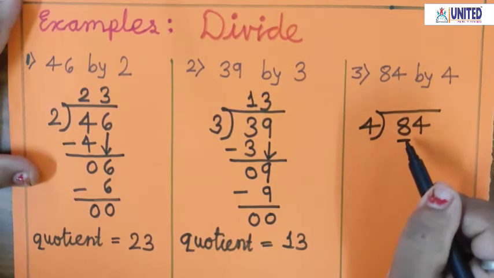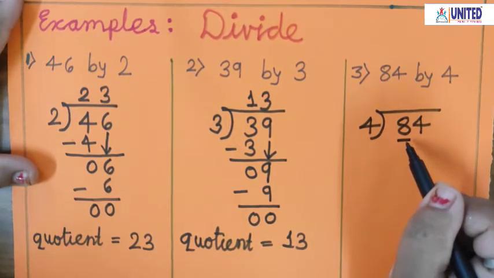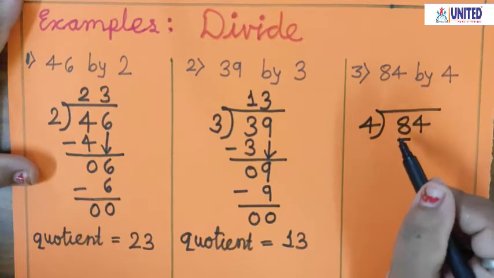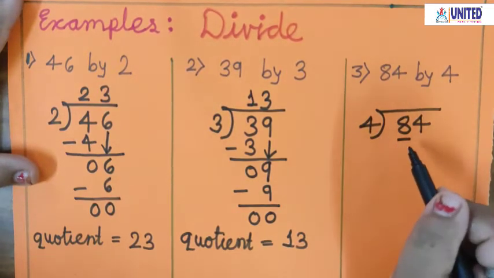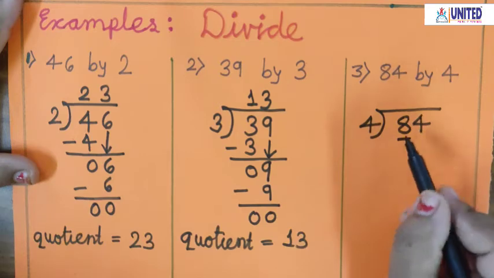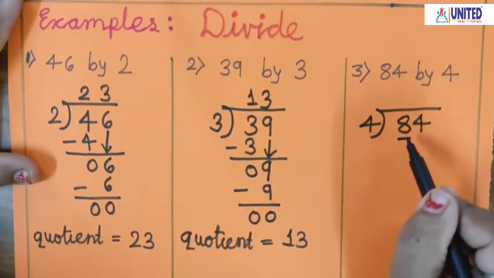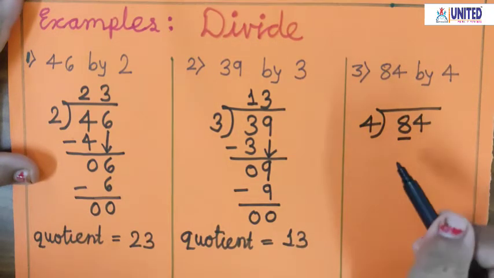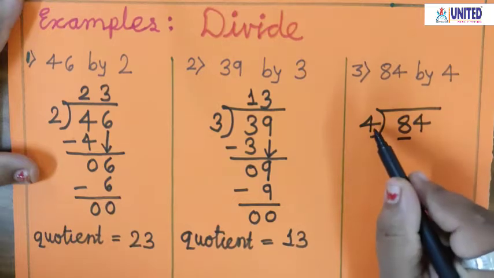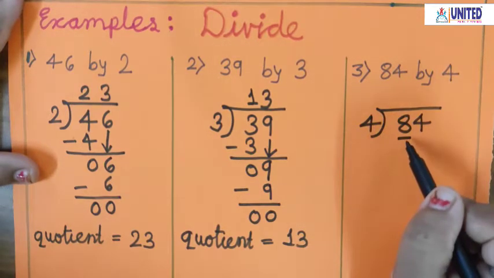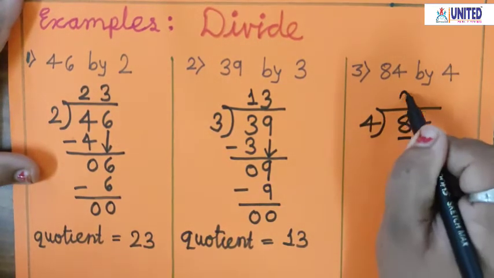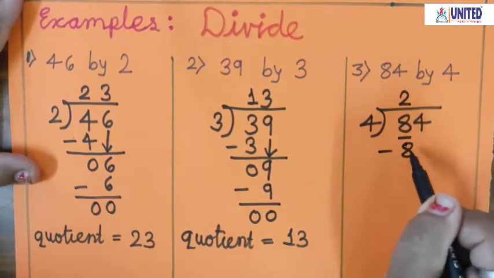What is the condition here? If the first number is greater than or equal to the divisor, then we can divide it, right? So 8 is greater than 4, so we have to divide the 8 first.